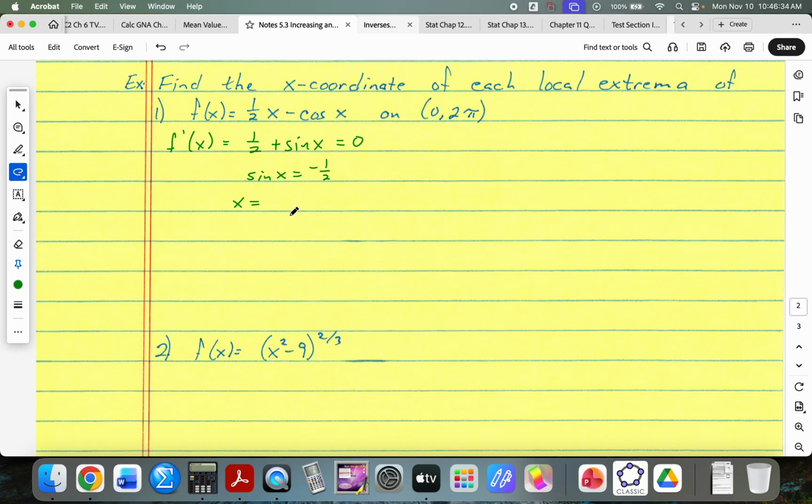Unit circle? Sine is positive in the second quadrant, so it's negative in the third and fourth quadrants: 7 pi over 6, and x is equal to 11 pi over 6.